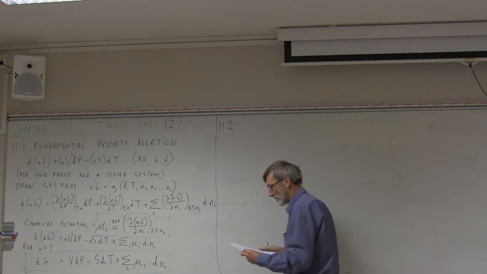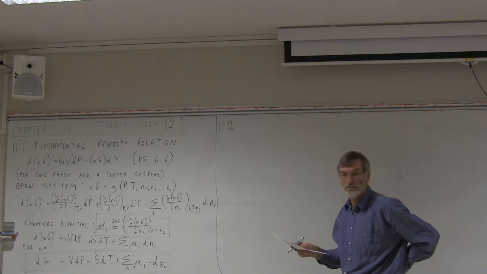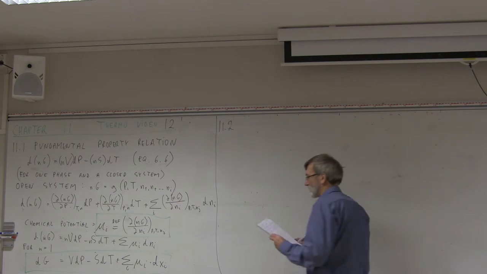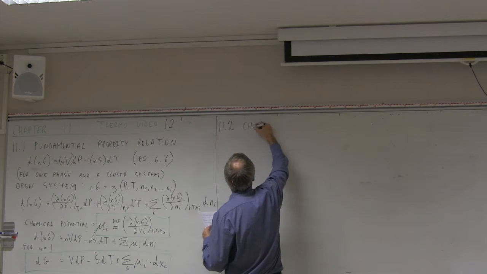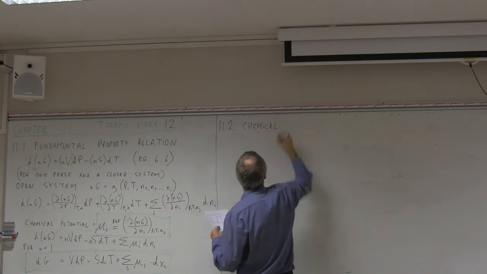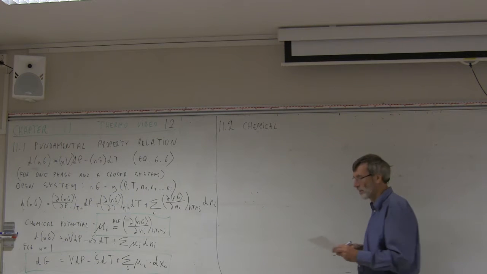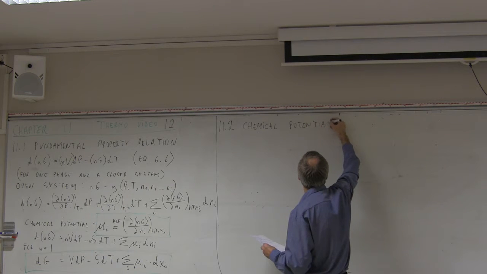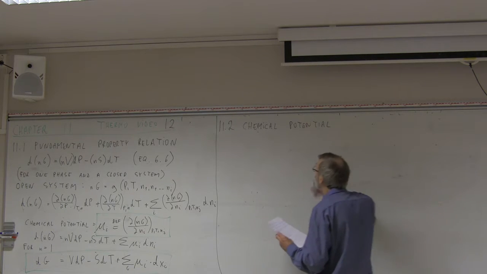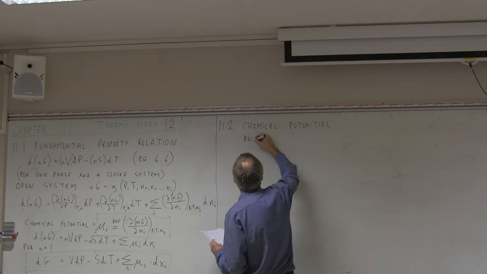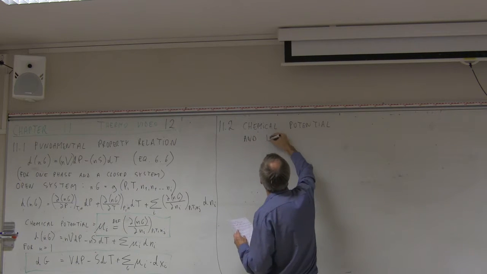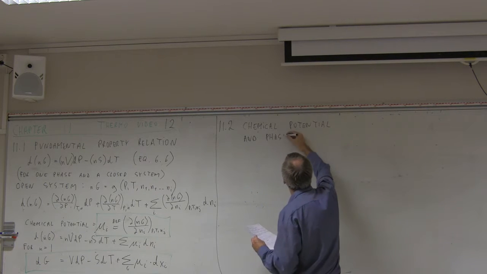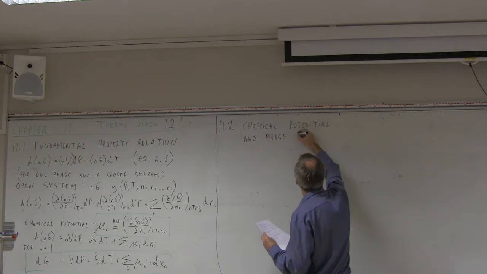Then in section 11.2, we go on to the general statement that the chemical potential is the point to define equilibrium.